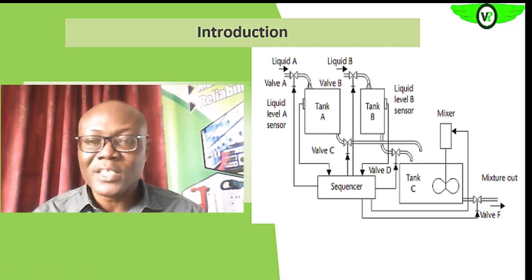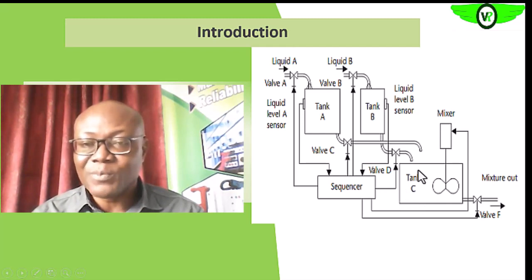So when this process has been completed, then these ones will open and it will be discharged into tank C. And then the process that is needed here, probably the mixing of the mixture and subjecting it to other conditions also, will now take place.